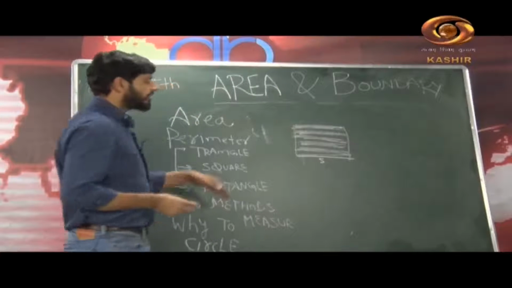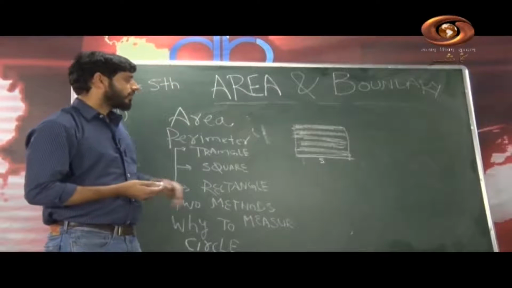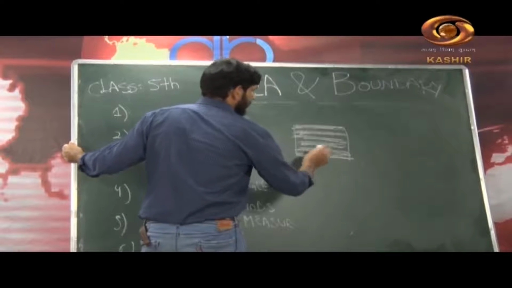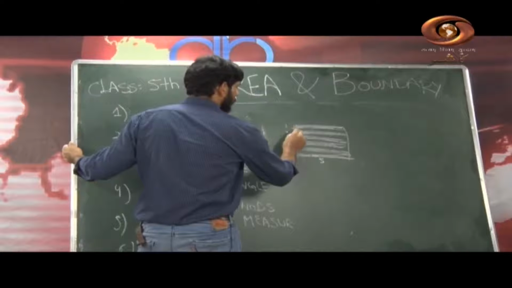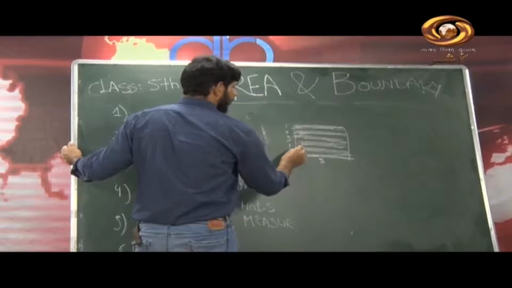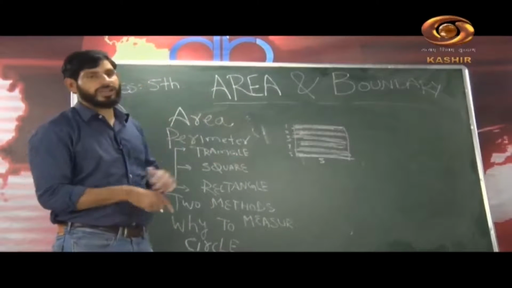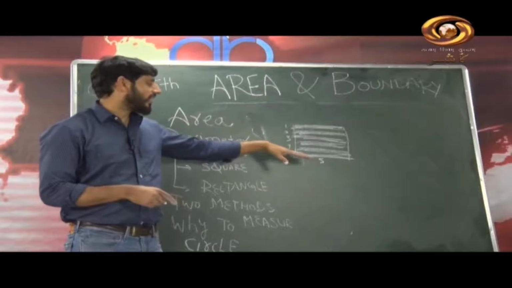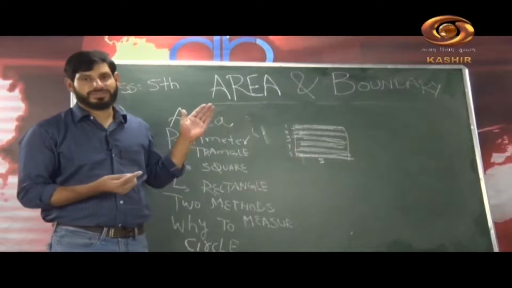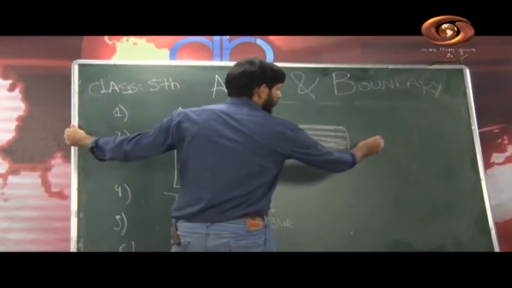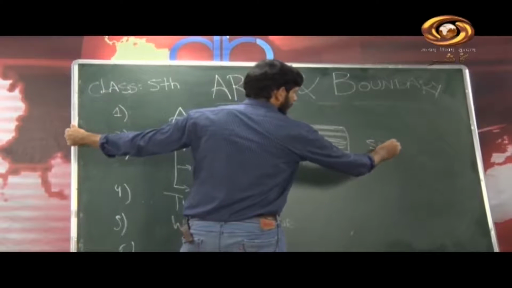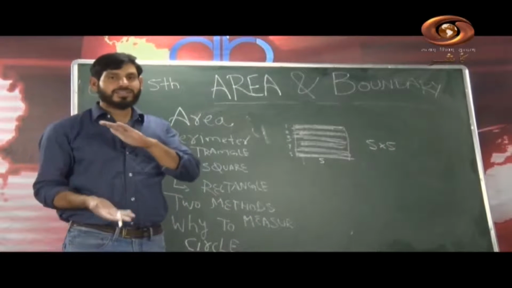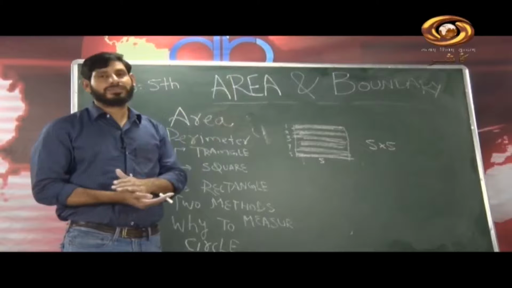So, these are 5 lines, one line measures 5 and we have added it 5 times. 1, 2, 3, 4 and 5. So, of course, this is now a square. We have added a line measuring 5, 5 times. So, this is nothing but 5 into 5, simple multiplication.